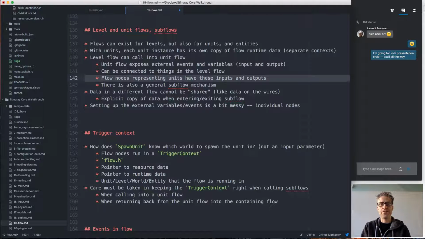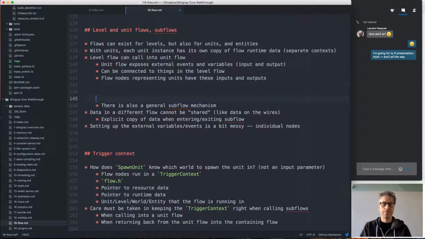So if we have these external events and variables defined in the unit flow, whenever we place a unit of that type into the level flow, we will get a flow node which has connectors for these input and output events.